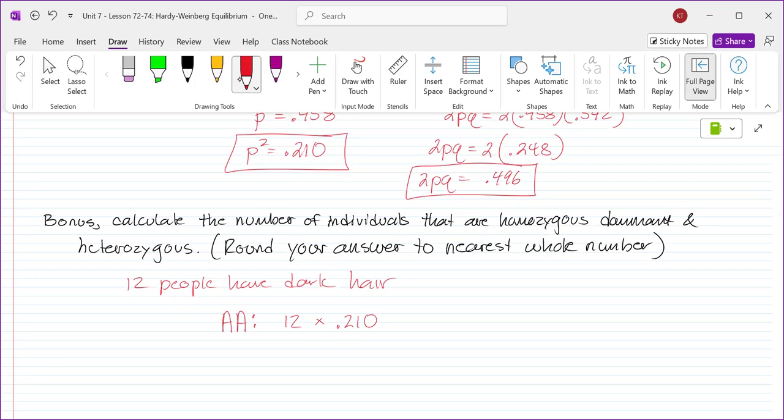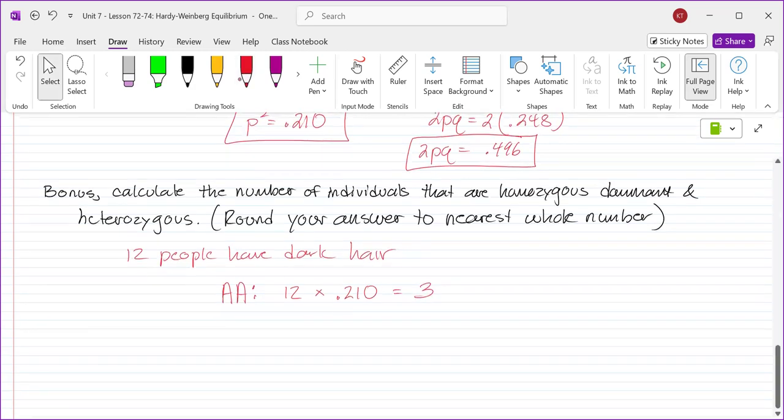So 12 is the total number of individuals with dark hair. Why did you choose 0.210? That's the frequency of people with the homozygous dominant genotype. So 12 times 0.210. I got 2.5. So let's round that to the nearest whole number. What would it be? 3. 3 people are homozygous dominant.